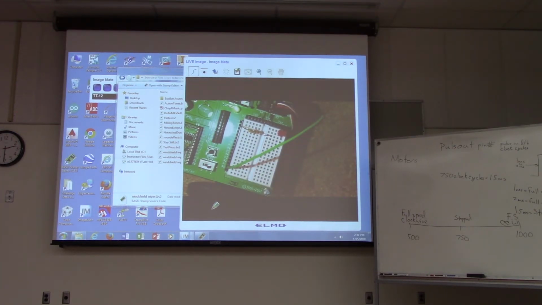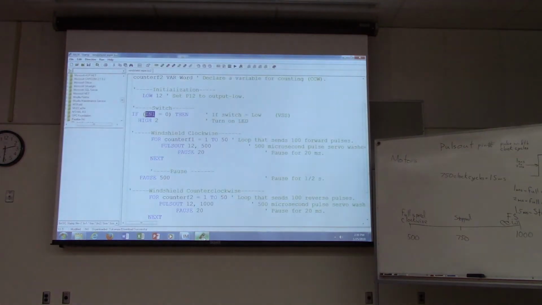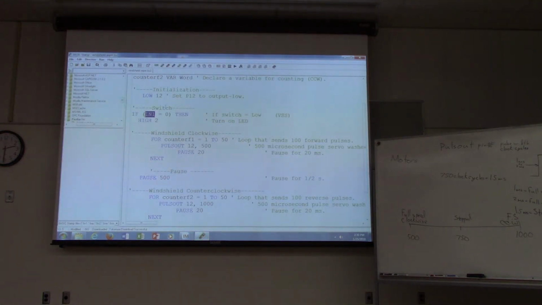So we've attached one side to pin 1, and now we're going to attach the other side either to a high voltage or a low voltage. Then the microchip is going to be able to read that and tell whether it's a high voltage or a low voltage, and it'll make a decision based on it. This says if in 1 equals 0. What that's saying is that if in 1 is low voltage, then do this.